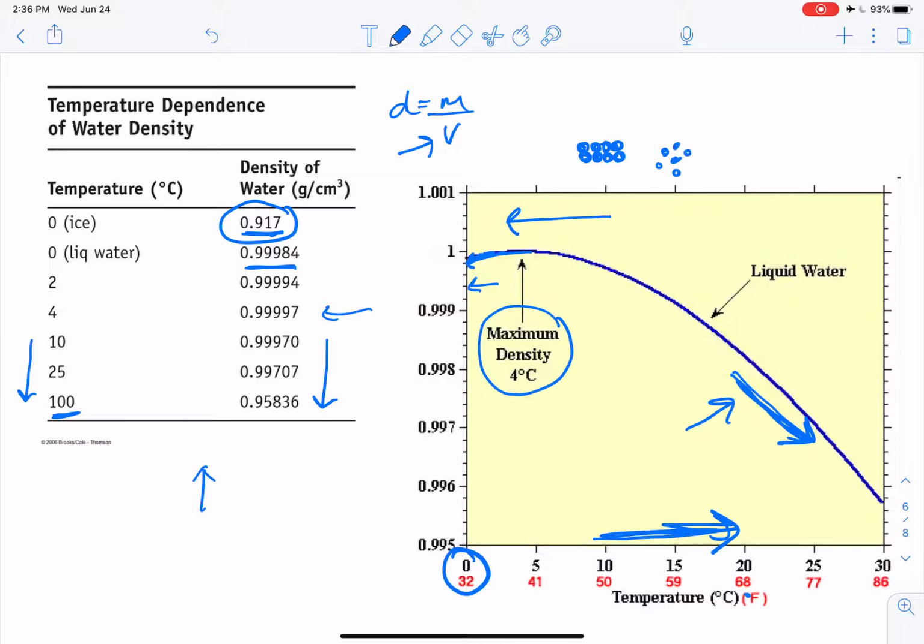That doesn't seem like much of a difference, but it does mean that ice does what? It floats on liquid water. So the solid version of water floats on the liquid version of water, which is completely opposite of what most substances do. Most substances, the solid version is more dense and it'll sink in the liquid version.